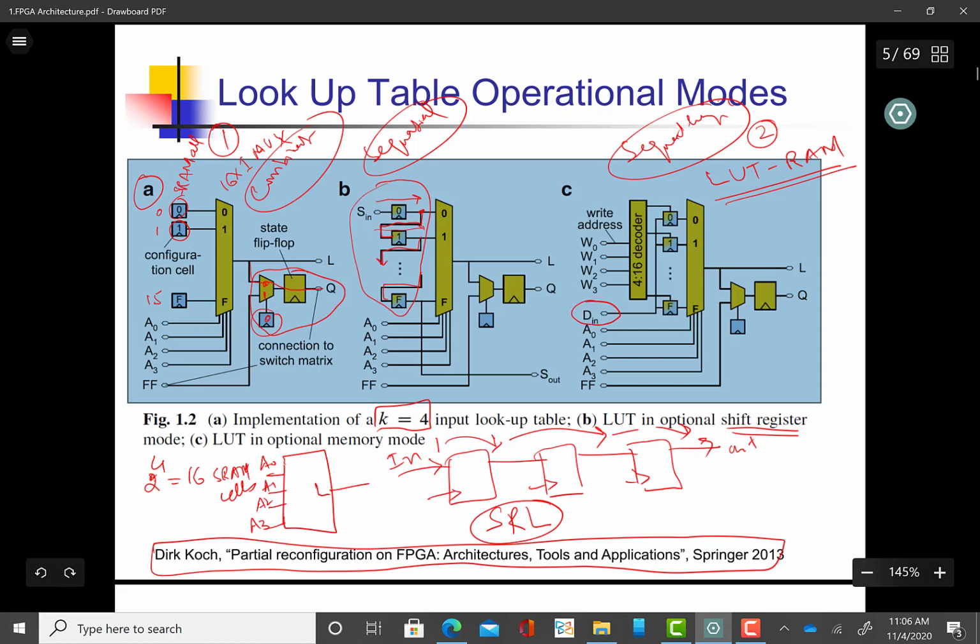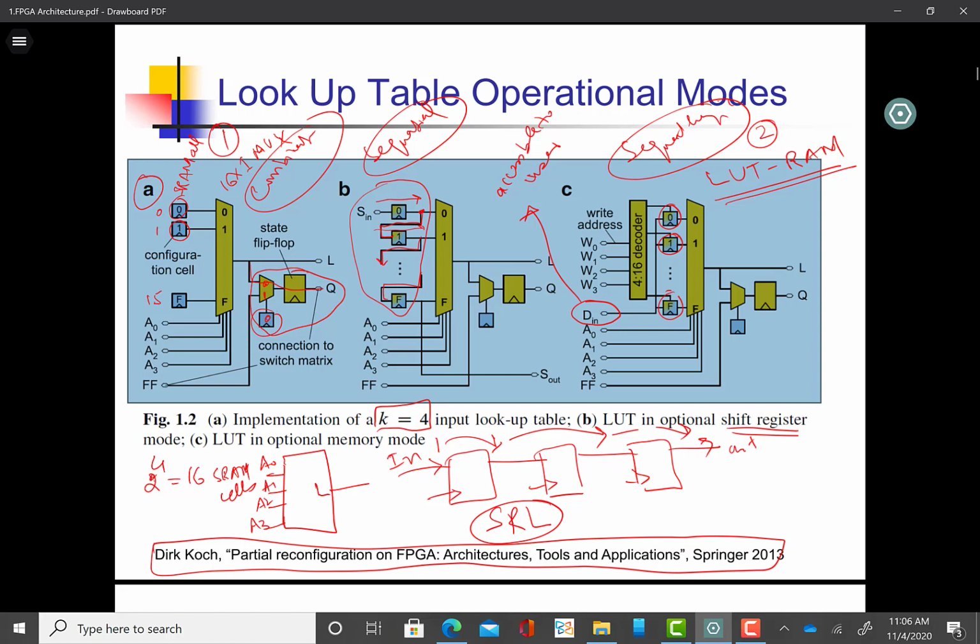This DN is not present in the first case, and it is basically accessible to the user when LUTs are used in LUT RAM mode. But when LUTs are used in combinational mode, the DN is not visible to the user. So the user cannot modify the contents of these SRAM cells in runtime.